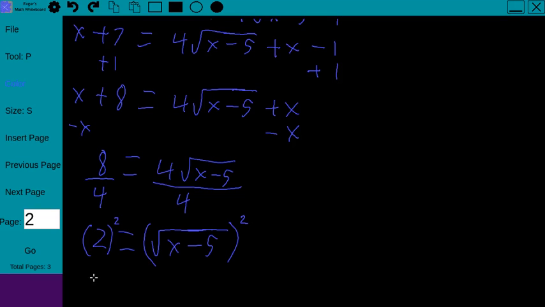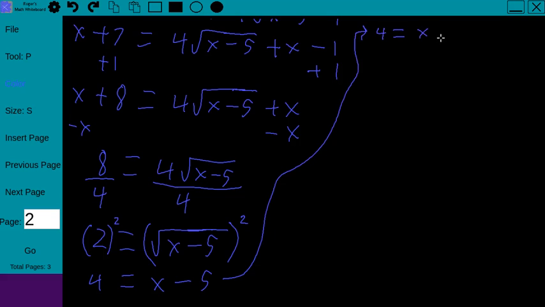So 2 squared is 4, and the square root of something squared is just the something. So we're going to have x minus 5. So let's see, 4 equals x minus 5. I'm going to move this all up here if I can.